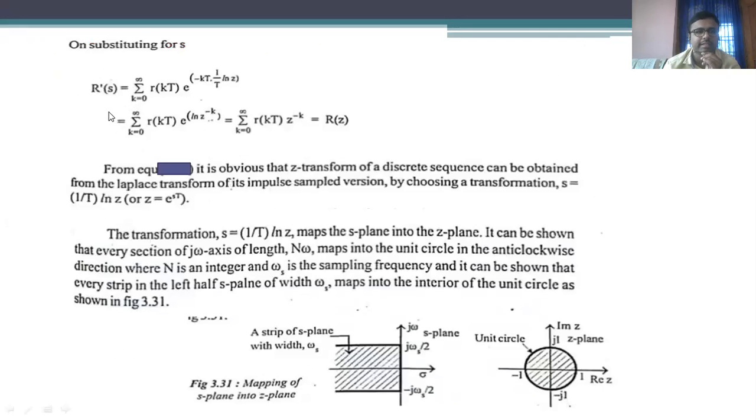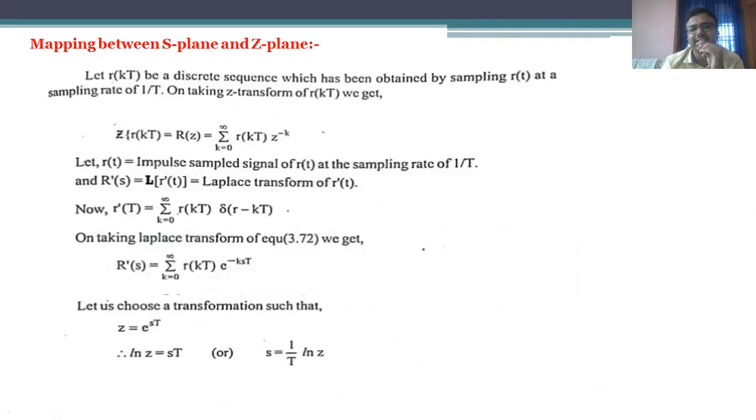The Laplace transform of the impulse sampled signal, r dash of s, is equal to R of z, with the condition we have framed between the S plane and Z plane, that is small s is equal to 1 by T into logarithmic value of z. With this relation, we have mapped the S plane with the Z plane.